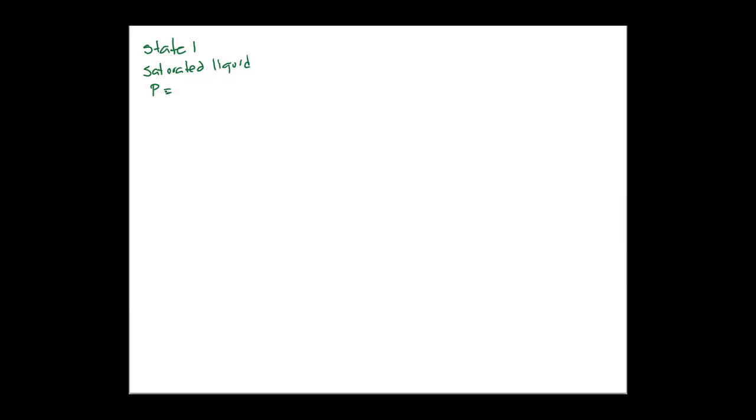So pressure is 10 kilopascal and quality is equal to 0. With this, we're going to find H1 and V1. You find it in table A5.